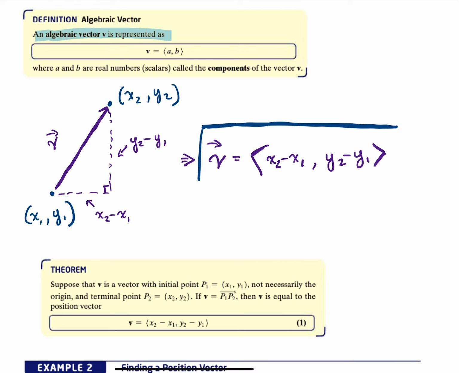We're still just describing these two distances, but if you're given 2 points, you can use this to find your vector. So that's what we have here. Suppose that v is a vector with initial point 1, not necessarily at the origin, and terminal point 2. And here's our definition: x2 minus x1 as our horizontal, and y2 minus y1 as our vertical component.